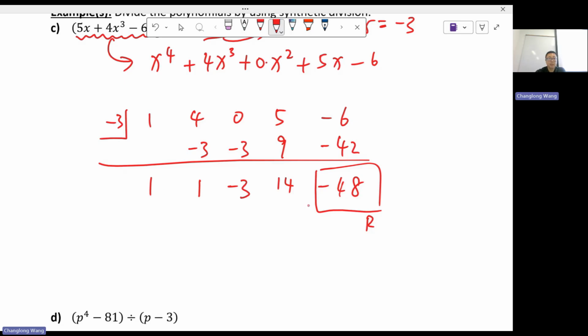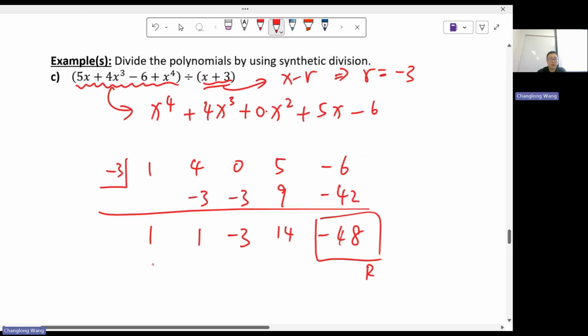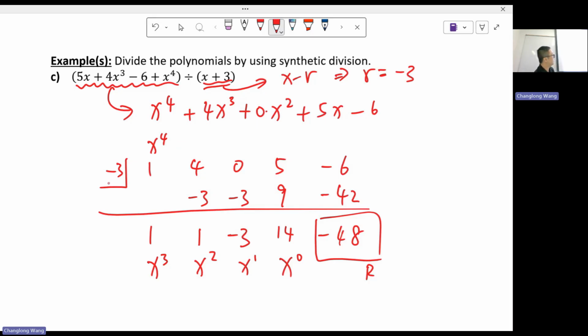Those coefficients are for the terms starting from x to the third power down to the second, the first, right? The zeroth power, which is a constant. And the reason is pretty simple, because you start off with the fourth power, right? Dividend fourth power divided by the degree 1, you start from the third power.